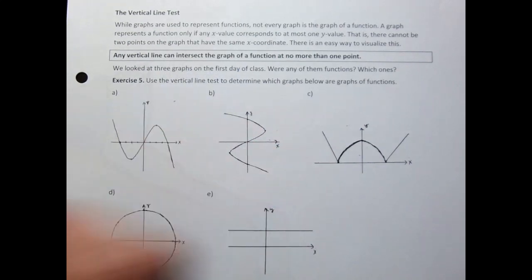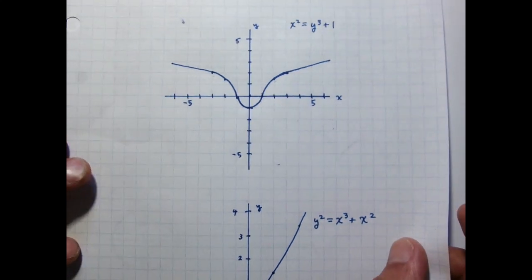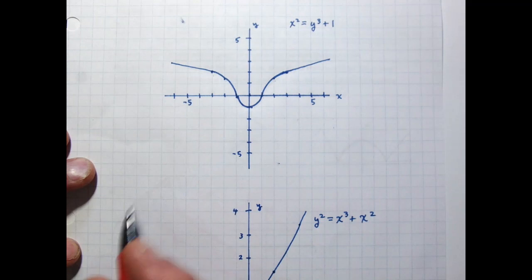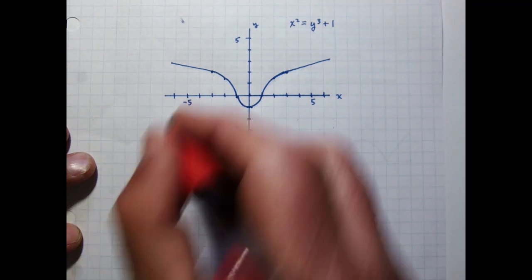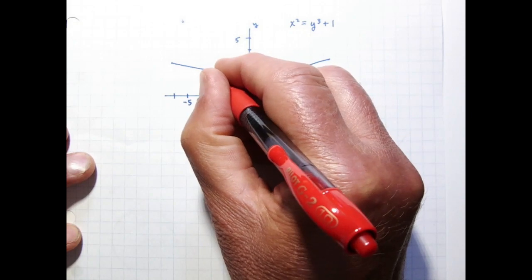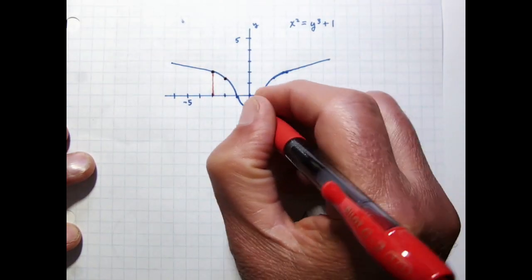And we looked at some graphs on the first day of class, or actually in the first few videos on our symmetry videos. And let's just go back to these and talk about them a little bit more, those funny graphs we saw at the very beginning. The first one was x squared equals y cubed plus 1. So notice that for each x value, if I go up to the graph, there's precisely 1 point that corresponds to that x value.